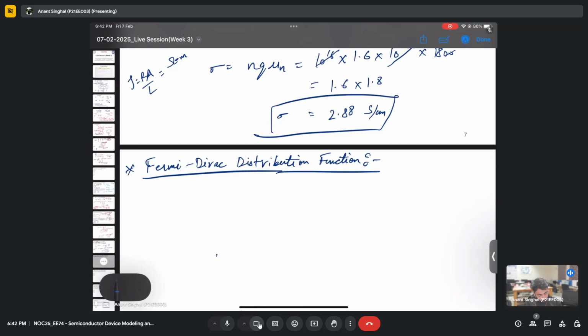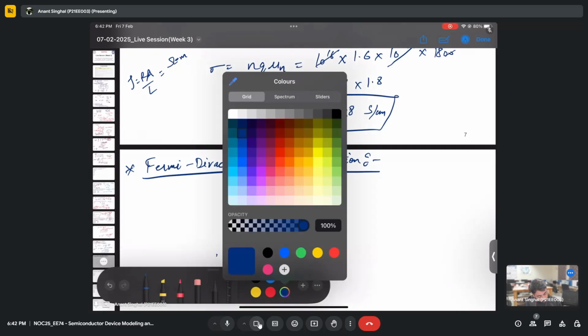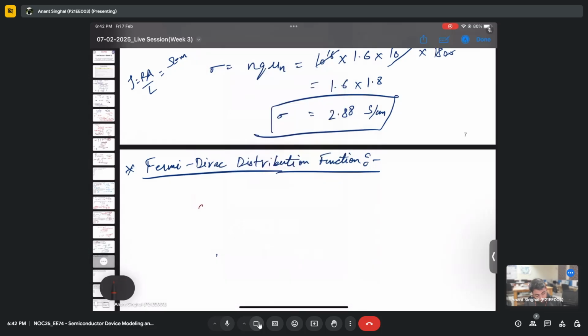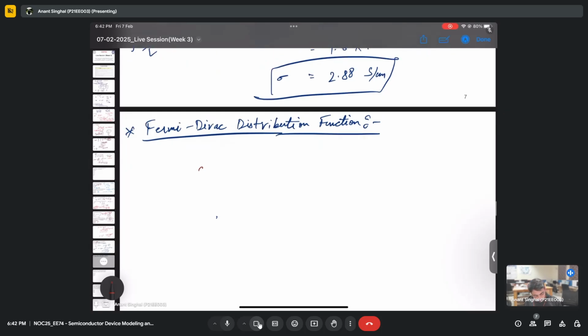Any guesses? Probability of an electron sitting in any of the states. Okay, something like that, that is almost correct. So the Fermi-Dirac distribution function gives you the probability of an electron at a particular energy level and at a particular temperature. So let me define.